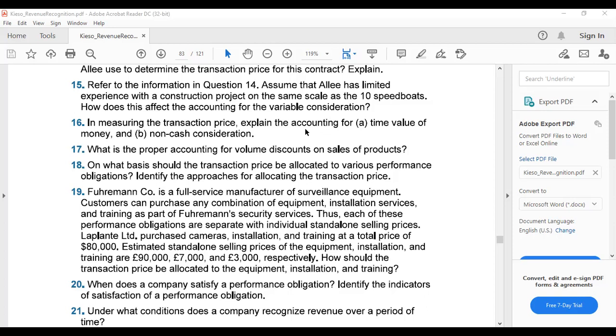And for training, okay, how much? 3,000 as a training, so divide by 100,000. 3% times 80,000 equals 2,400, sir. Total: so 72,000 plus 5,600 plus 2,400 equals 80,000. Still at 80,000.